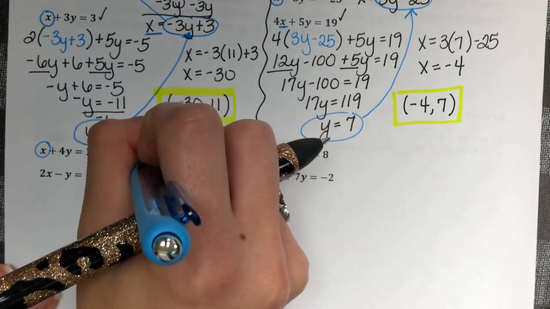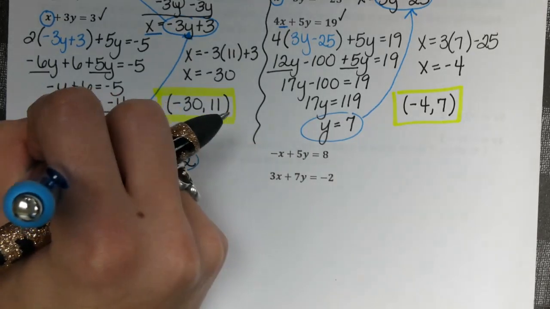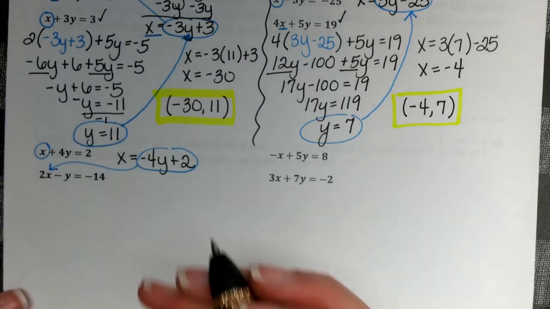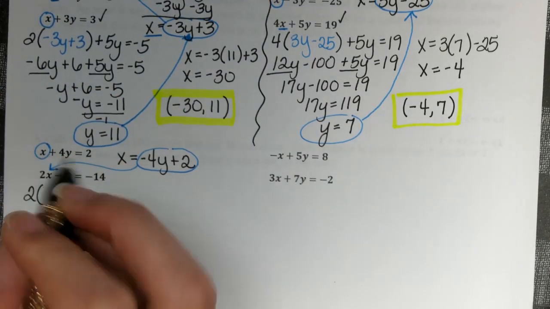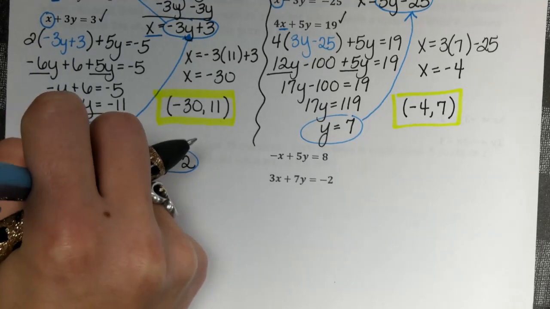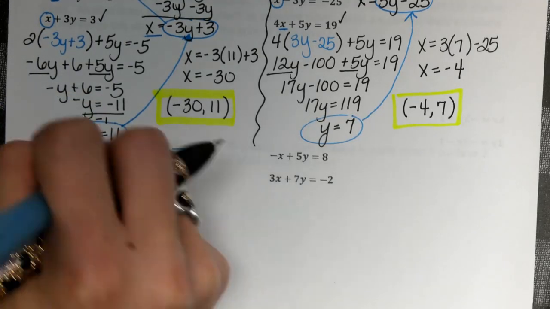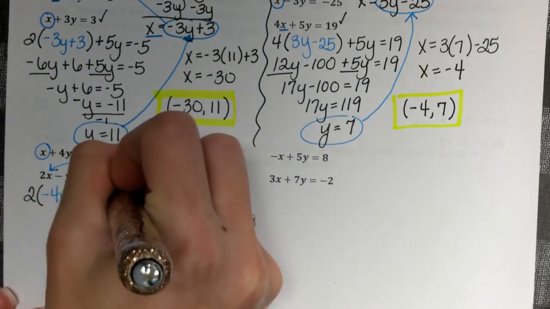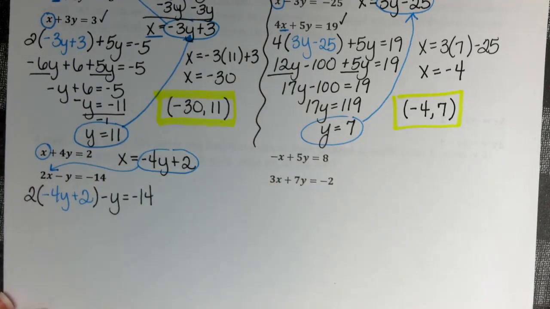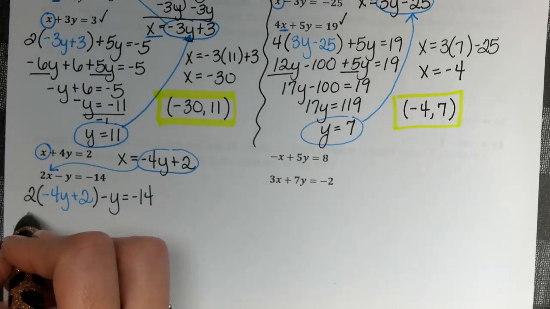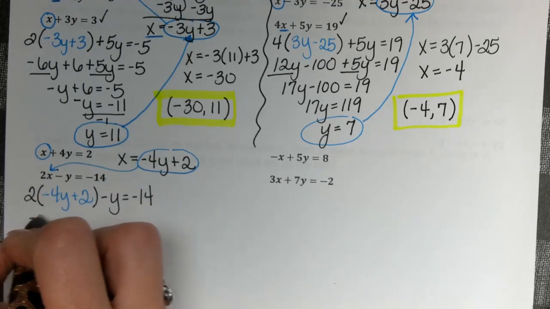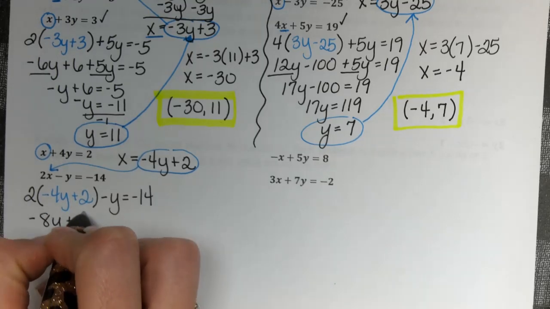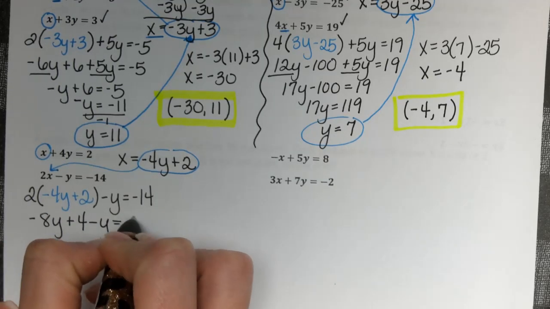So I take the negative 4y plus 2 and replace the other x with that. So I have 2 times negative 4y plus 2 minus y equals negative 14. So then distribute, and I get negative 8y plus 4 minus y equals negative 14.